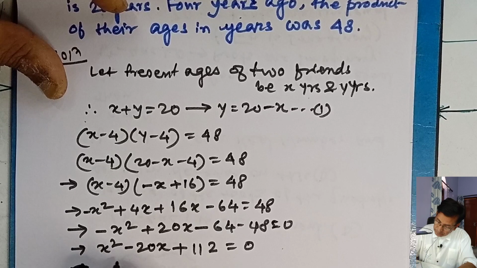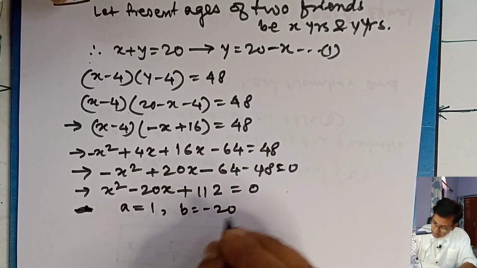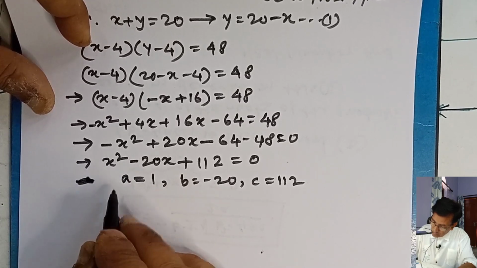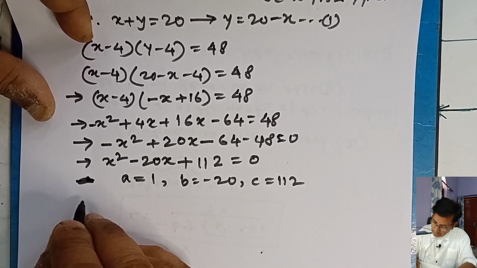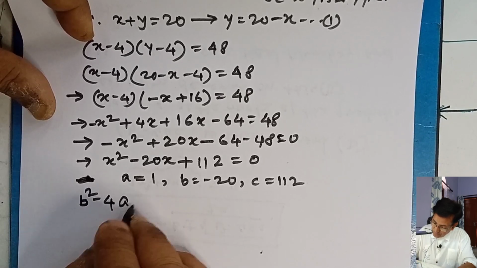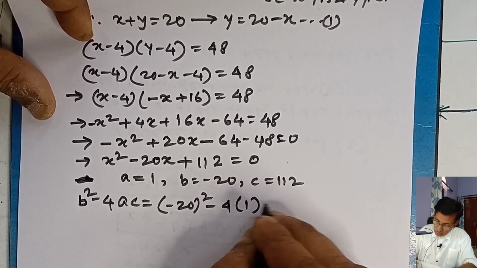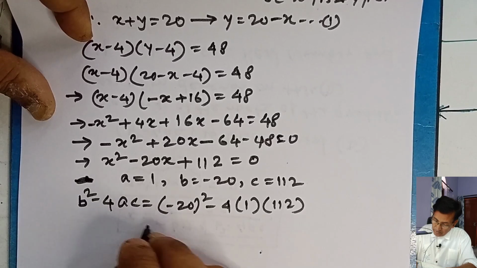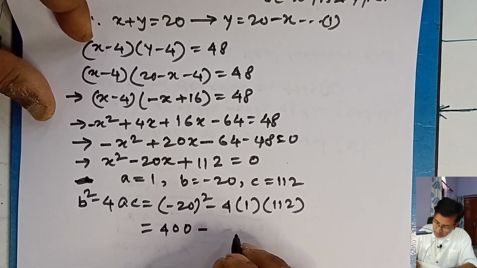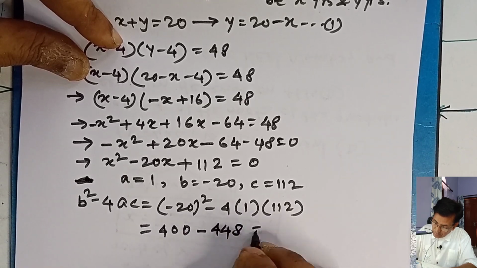From here, we can write it is a quadratic equation. A is equal to 1, B is equal to minus 20, C is equal to 112. So, to find out the roots, that means the X value, we will find out the value of discriminant b square minus 4ac is equal to minus 20 whole square minus 4 into 1 into 112, is equal to 400 minus 448, is equal to minus 48.